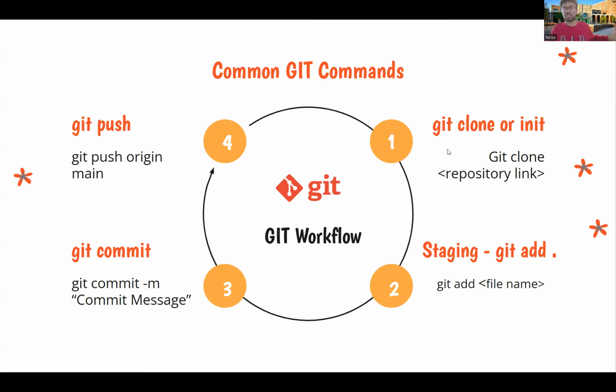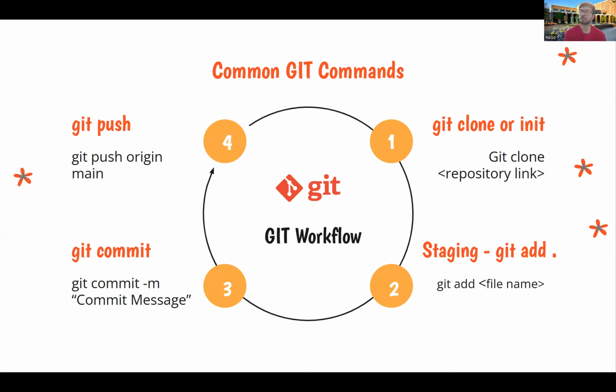The first thing is git clone or git init. Both of them are different. Let's say you want to create a new Git repository. You do git init in your directory, and that directory becomes a Git repository.